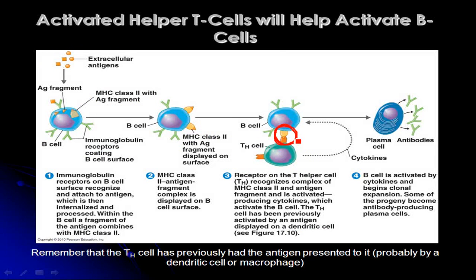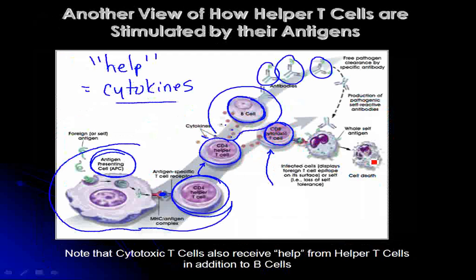Okay? So here you see the B cell that's seeing the antigen, the helper T cell that saw the antigen presented to it by a dendritic cell or a macrophage. They're now getting together. Okay? Because the helper T cell's receptor binds to that little piece of antigen that's being presented to it by the B cell. Now, once that happens, they really physically make a connection with each other, which they weren't showing on this slide.